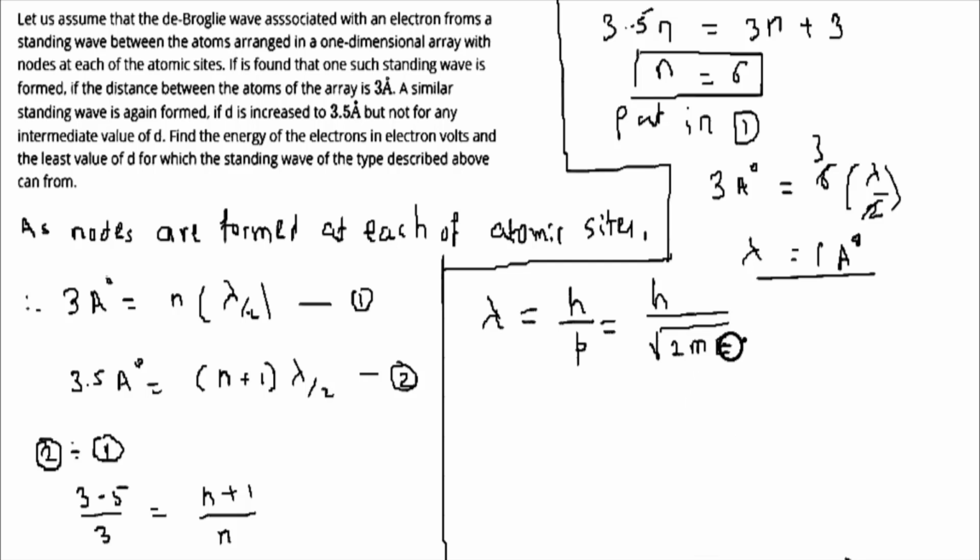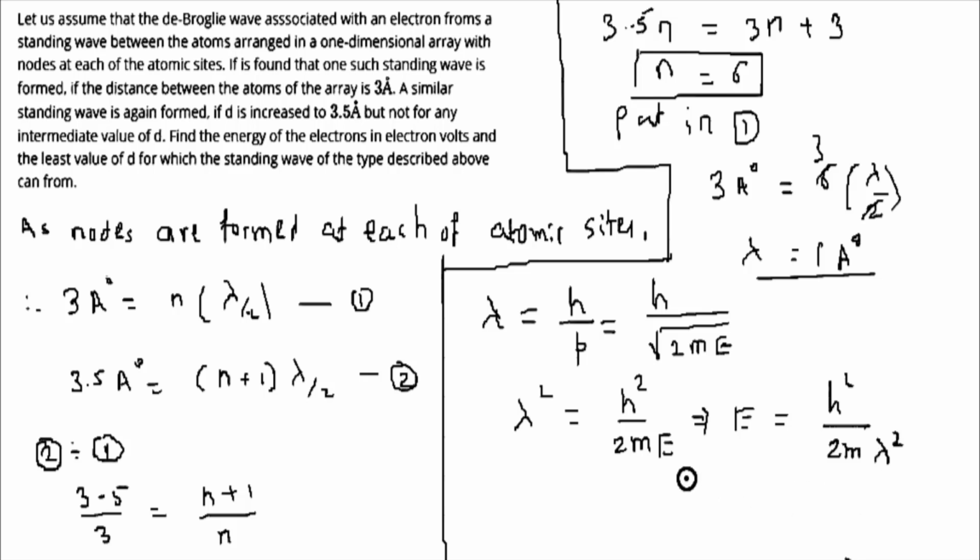Now we'll square this: lambda square is equal to h square upon 2mE. So from this, energy is equal to h square upon 2m lambda square.